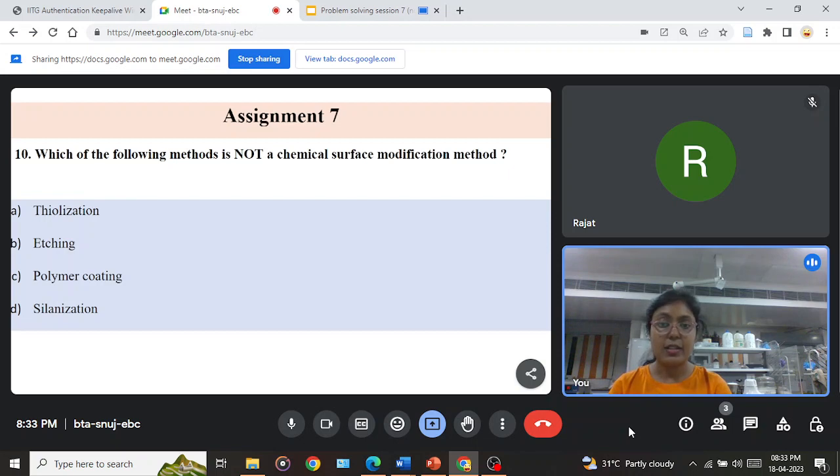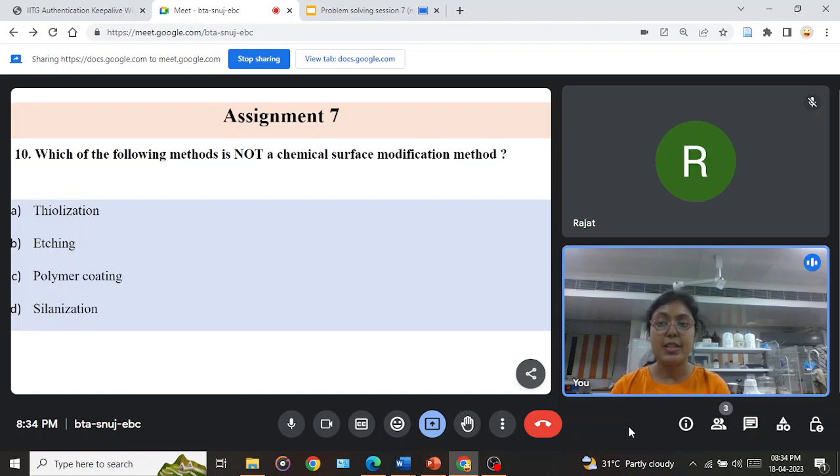Silanization is coating of silica gels, or any silica-containing compound. When there is a coating of these silica-containing compounds, it is termed silanization. So both thiolization and silanization are actually chemical surface modification methods. We are chemically modifying the surface using these chemical substances, right?